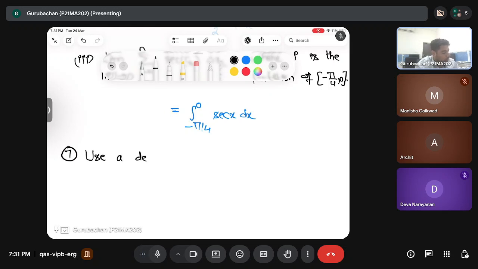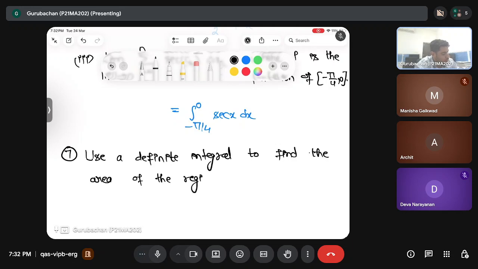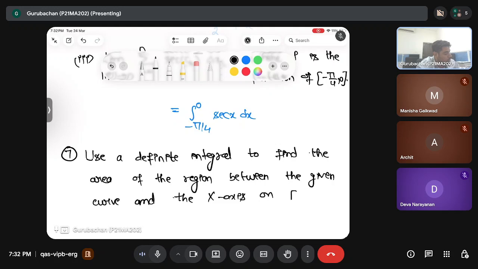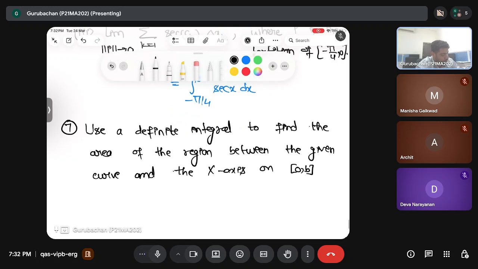I'll let you know how to use the definition of partition in this scenario to find the area of the region between the given curve and the x-axis on 0 to b, and your first curve is y equal to 3x square.